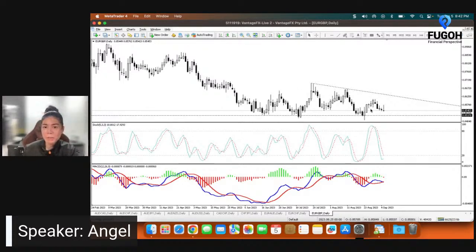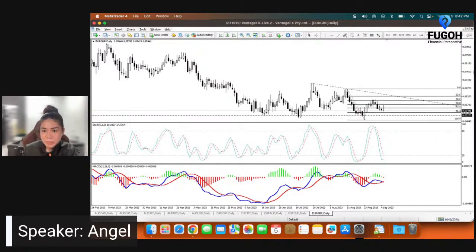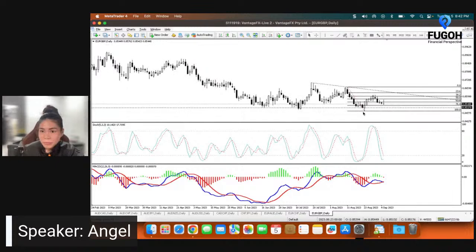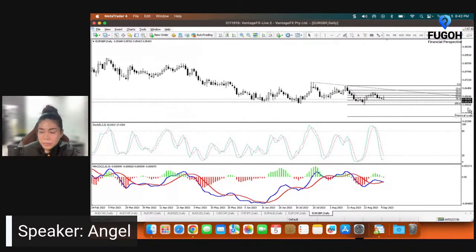So if you have any position open, you wait for the price to go near here or somewhere here. But I'm not positive that it's going to touch 161.8 because there's nothing much for this pair this week that will drive it down to 161.8.